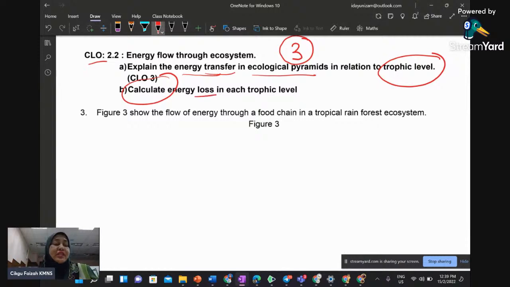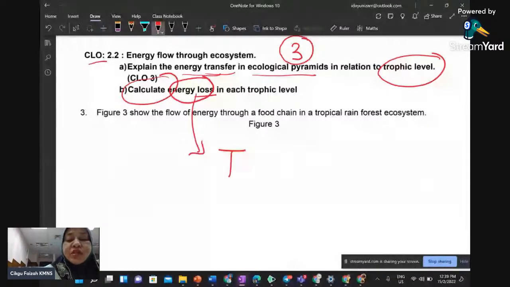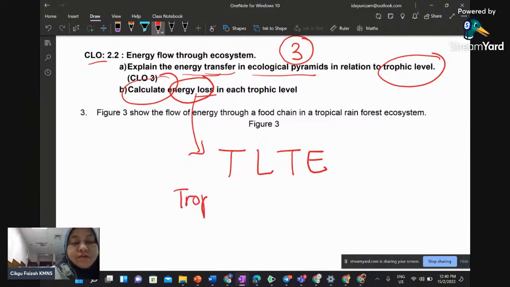So energy loss kita dah mention in our notes, is already mentioned there, muka surat 18 and 19, kelas. Okay, energy loss ada 3: respiration, excretion and death. Okay, and then you need to be able to calculate the TLTE, kelas. Calculate the energy loss ni in terms of TLTE. Okay, apa itu TLTE? Okay, T means trophic.